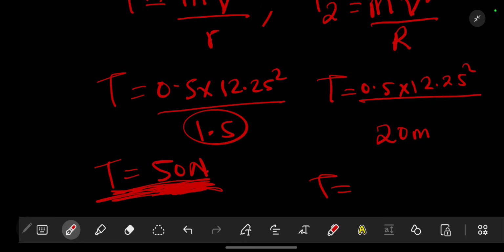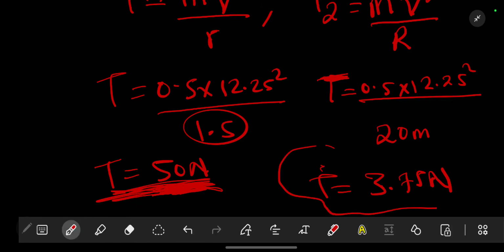So the tension will be equal to 3.75 newtons. So remember, even if you increase the radius, the maximum tension that can be reached is 50. As long as you increase the radius, the cord will be less likely to snap, because the tension applied will be reduced, not the maximum tension, but the tension applied.